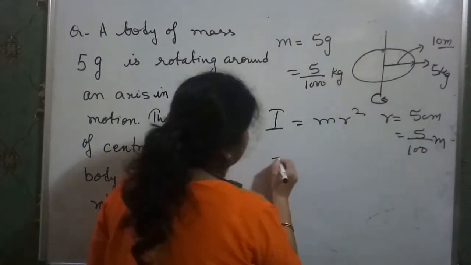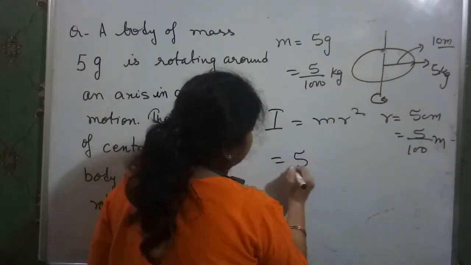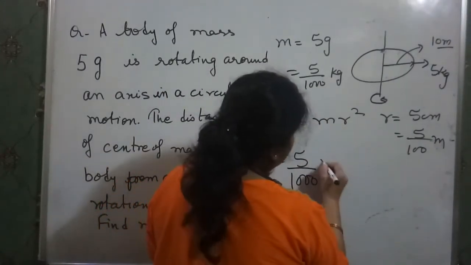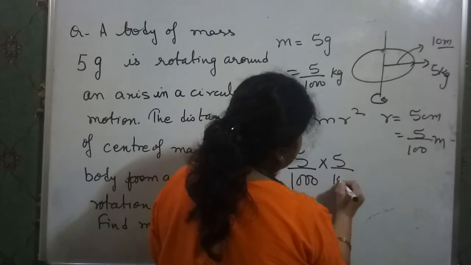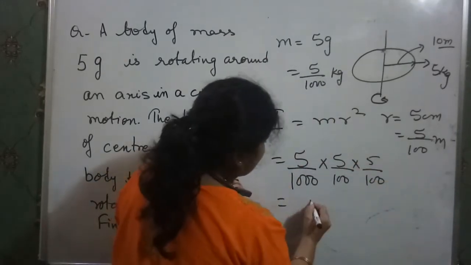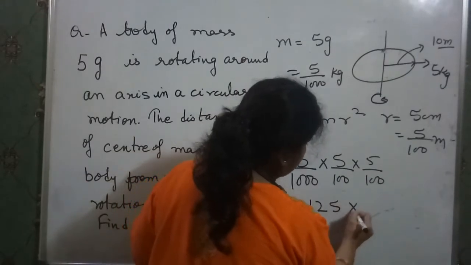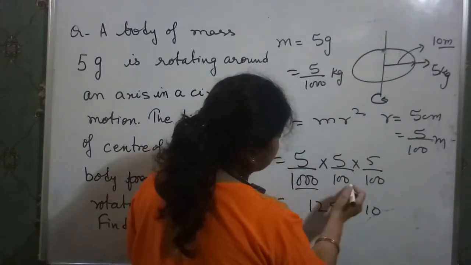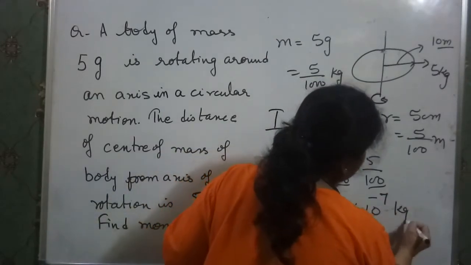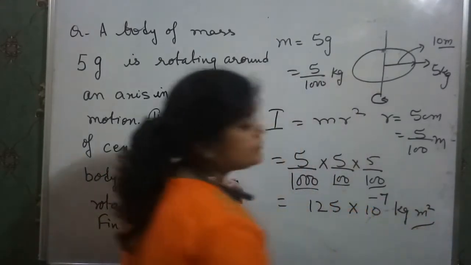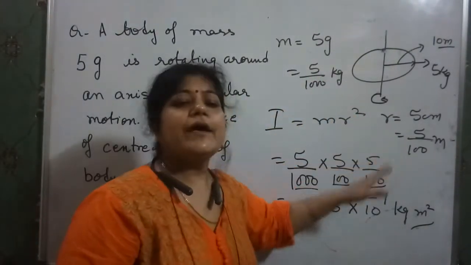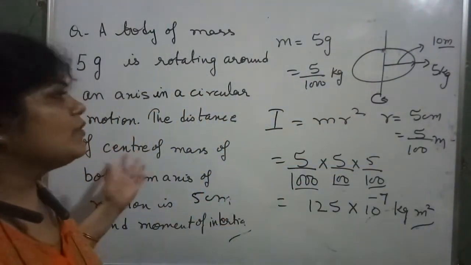Now find the moment of inertia: in place of mass we put 5 by 1000 and r square is 5 by 100 into 5 by 100. So we have 125 into 10 to the power minus 7 kilogram meter square. Please convert the given quantities into kilogram and meter before solving the question.